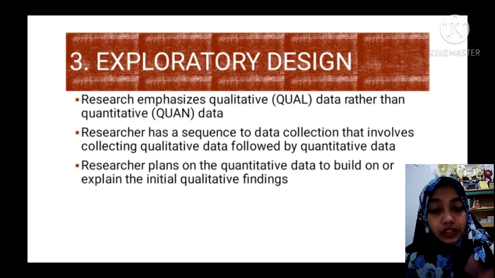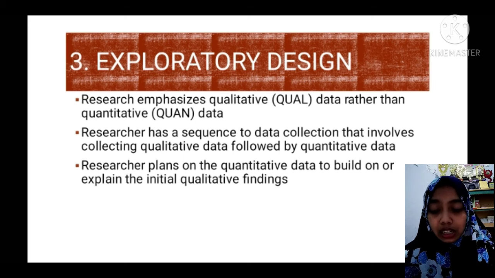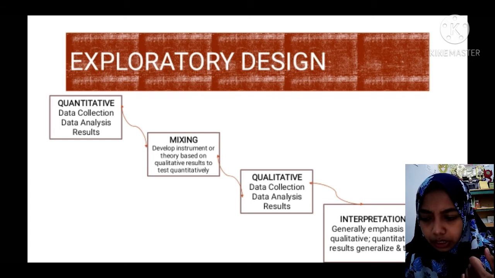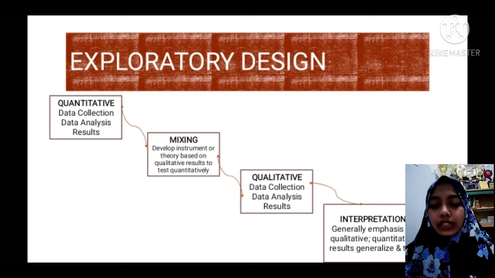Next, the quantitative data collection and analysis are discussed. And finally, the overall results of the study are presented. So the first step is qualitative, and the second is quantitative.